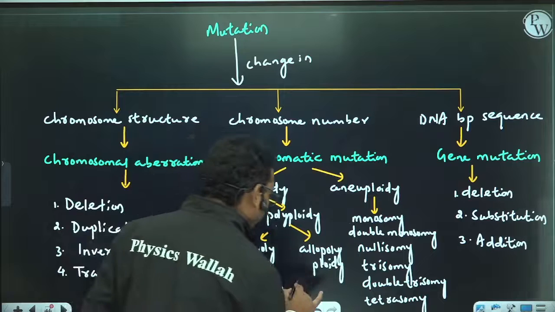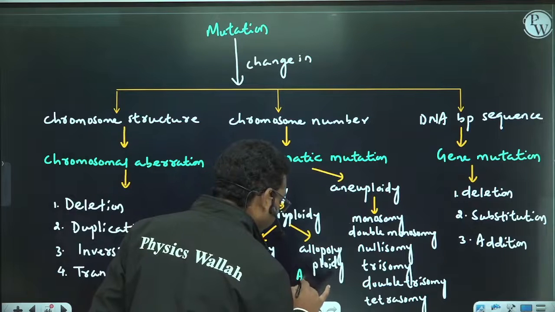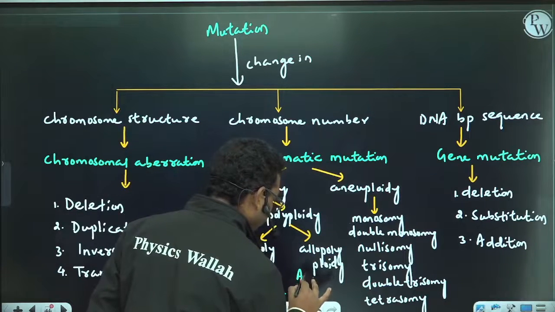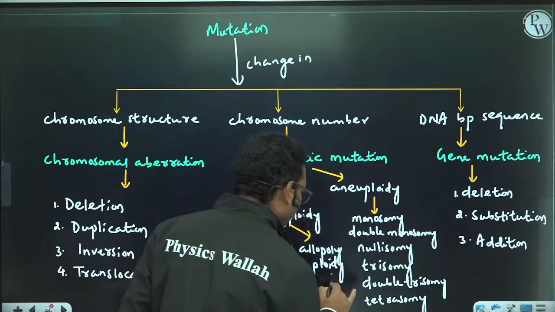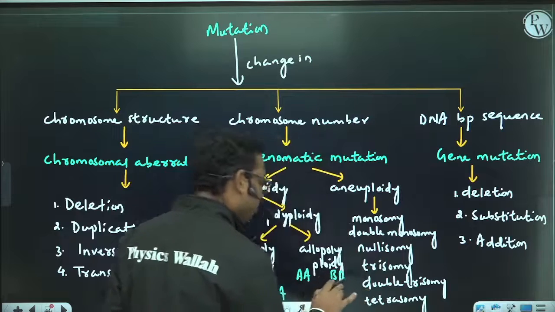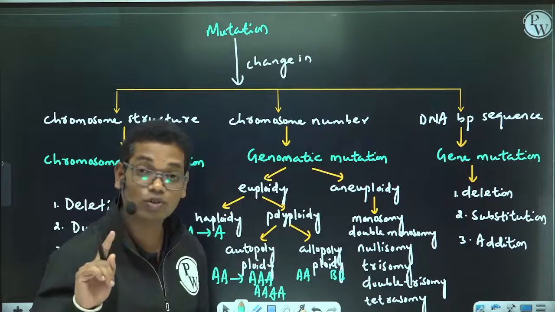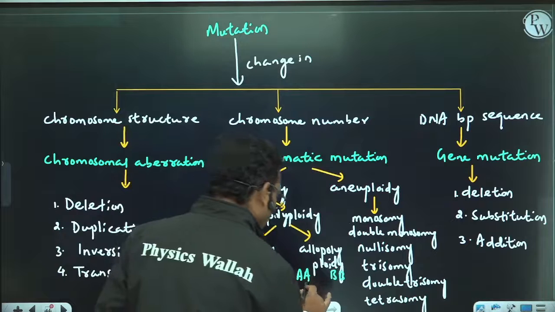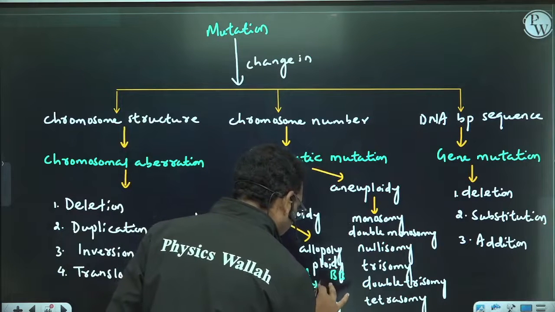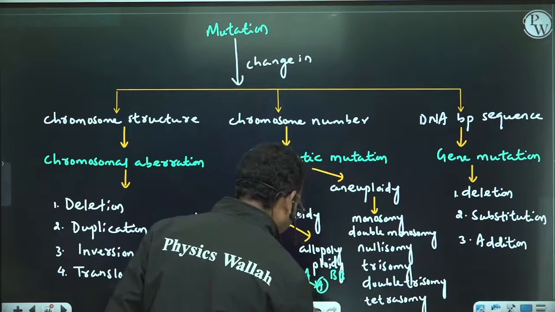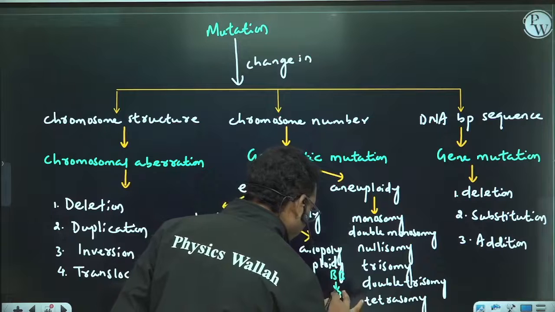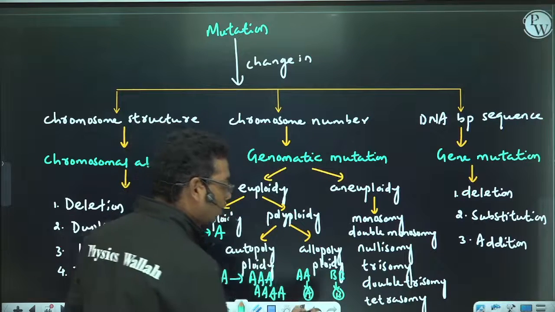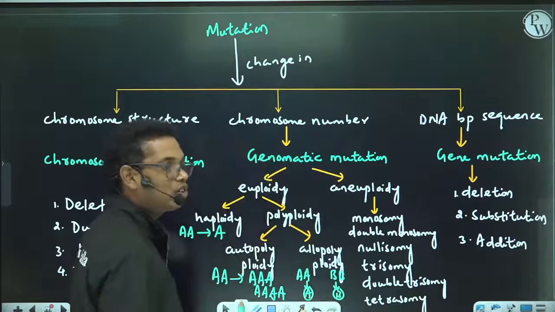If one individual is capital A, another individual is capital B, here A and B are genomes, not genes. From here I will get capital A, from here I will get capital B. So I'm getting two genomes, and these two genomes will combine with each other.